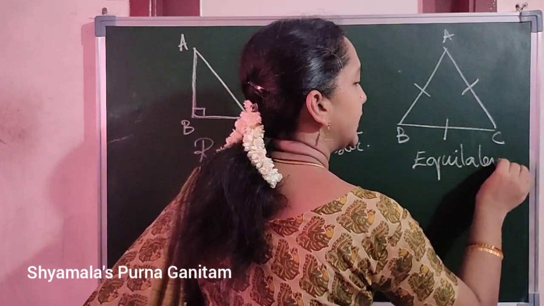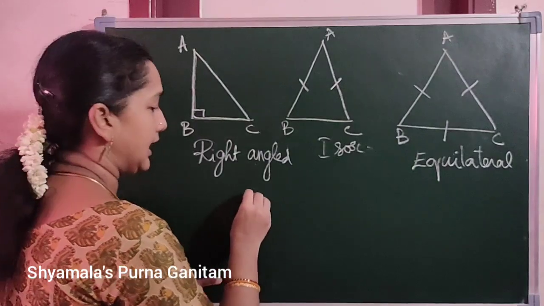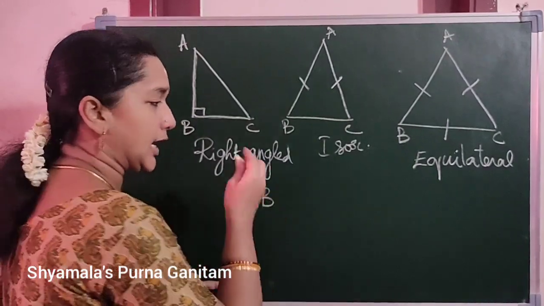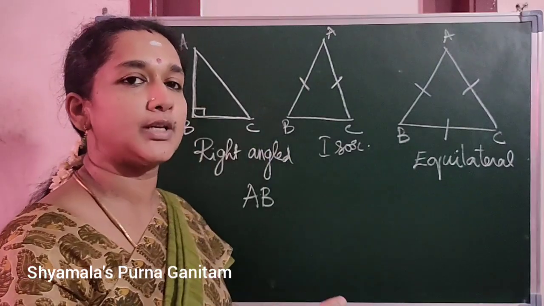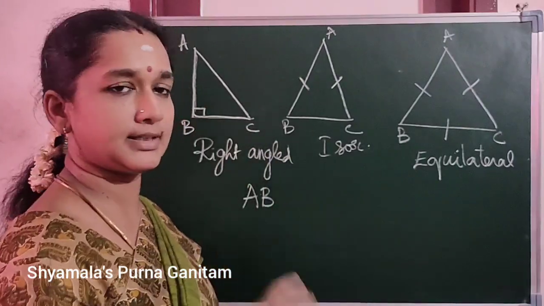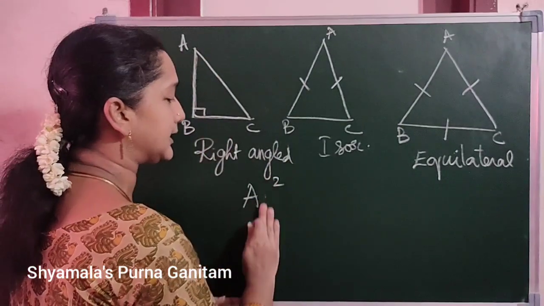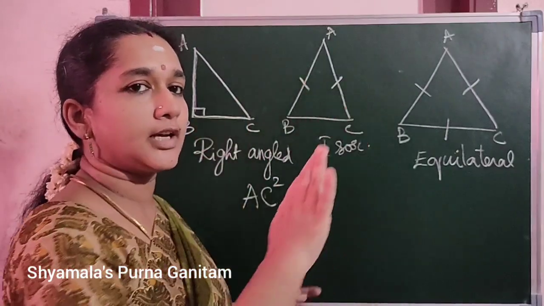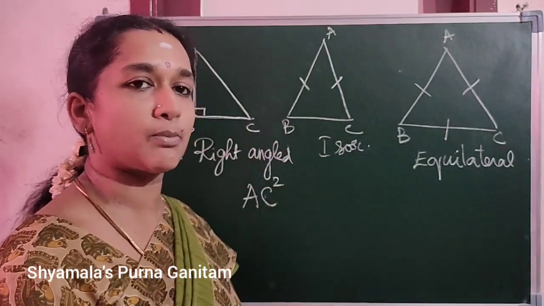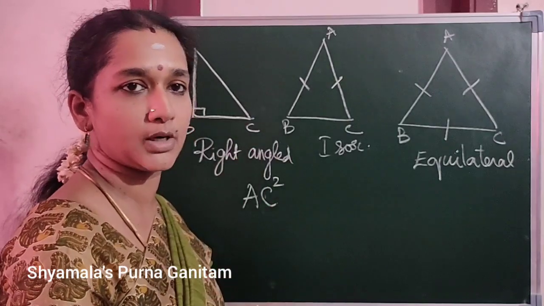So how to identify that: as usual you have to use only the distance formula. This full 7.1 exercise is based on only the distance formula. For all the triangles, the lengths of the sides you will be finding using the distance formula only.